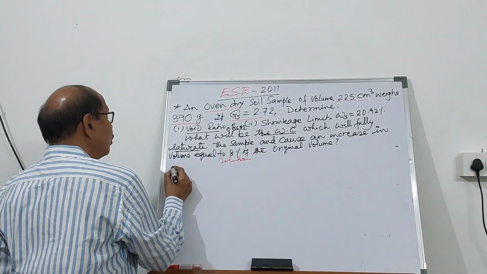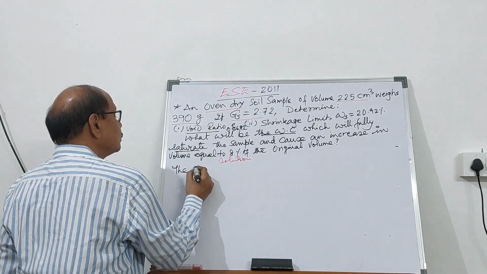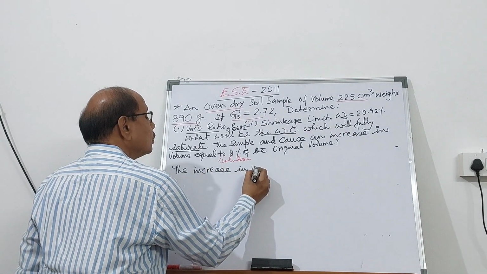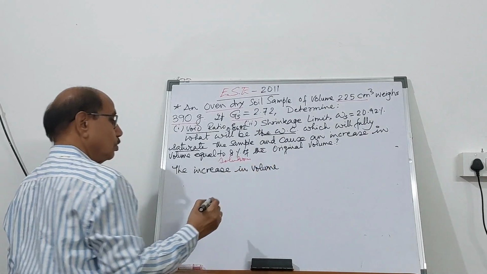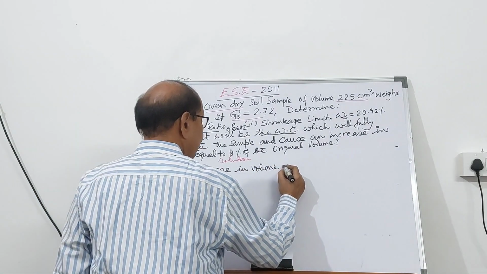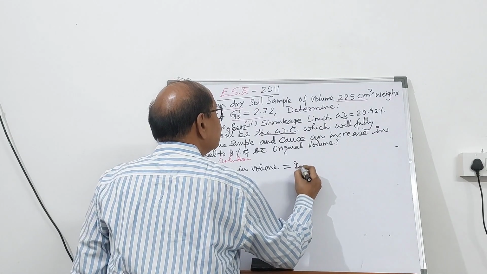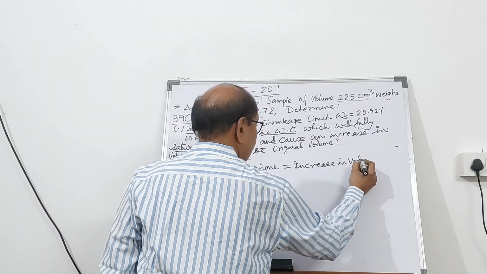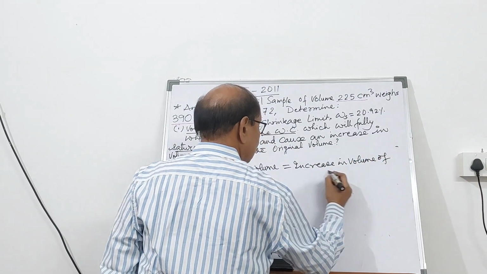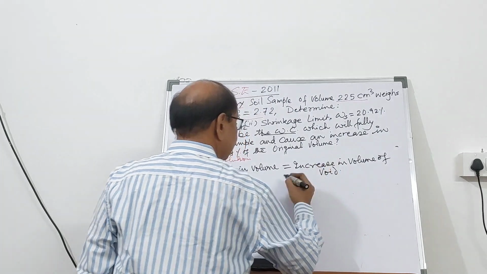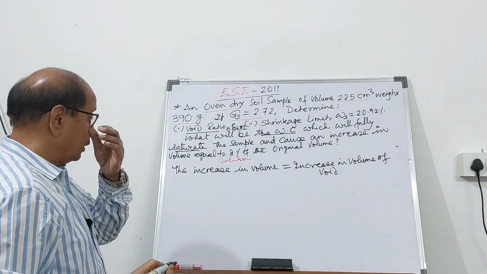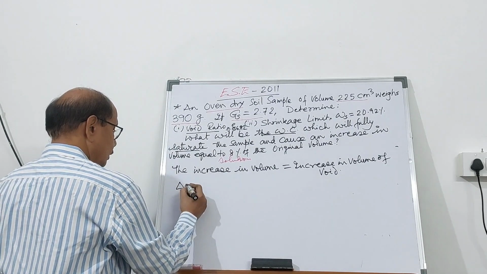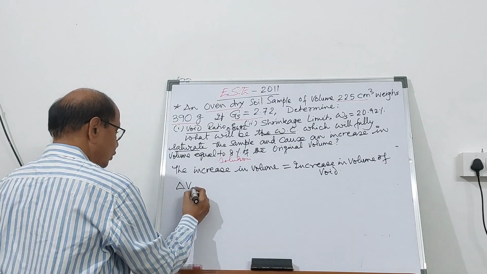The increase in volume will be equal to the increase in volume of void. It is fully saturated, and the increase in volume is the increase in volume of void.